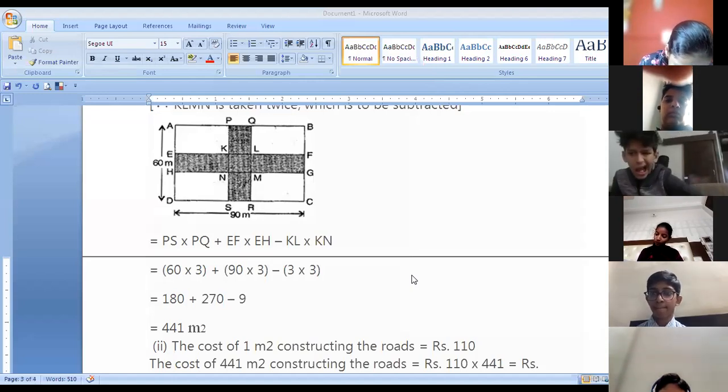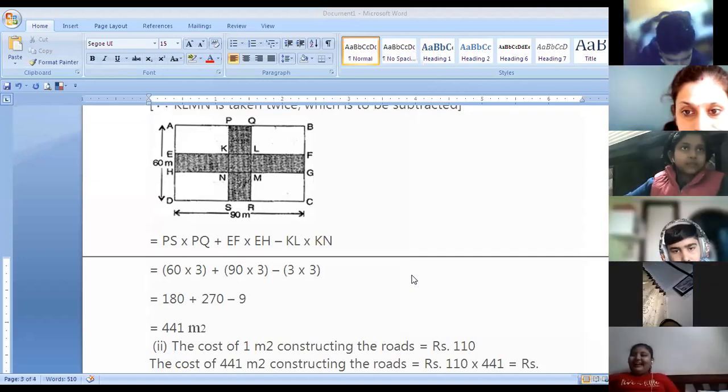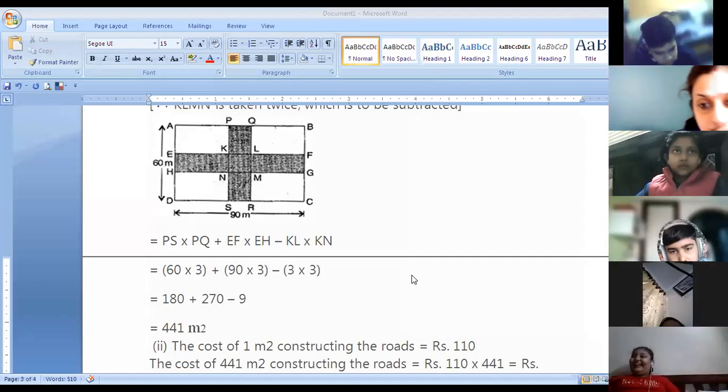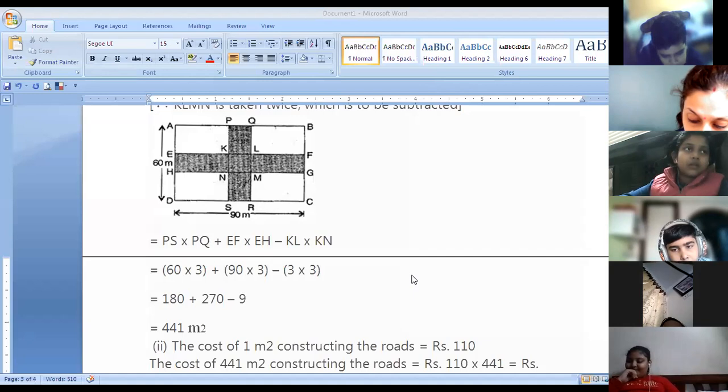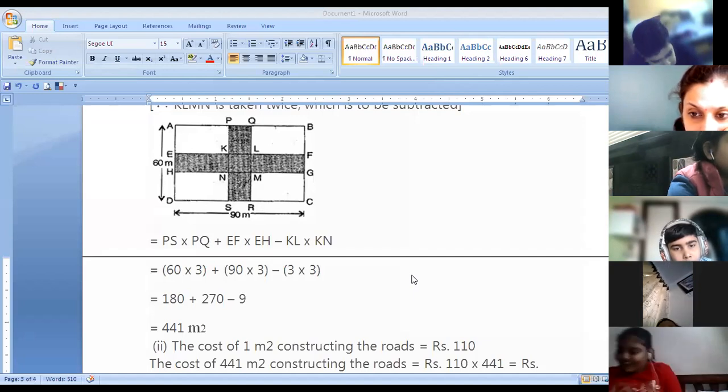Arav, adjust your camera. Anshika, will you stop talking and give the answer? Yes, that's right, Avika. Lavanya, adjust your camera a little bit downwards.